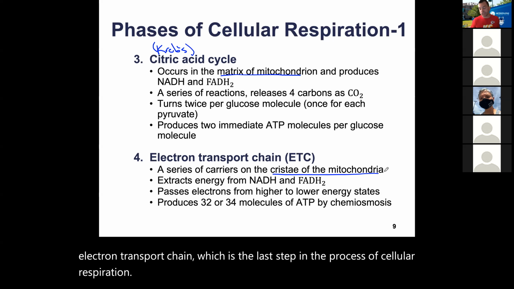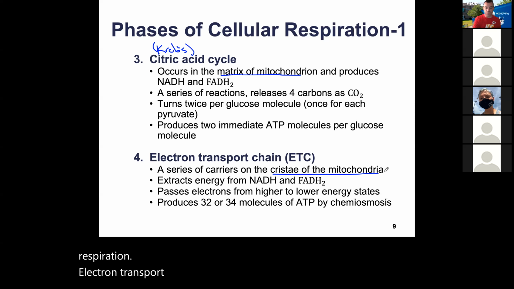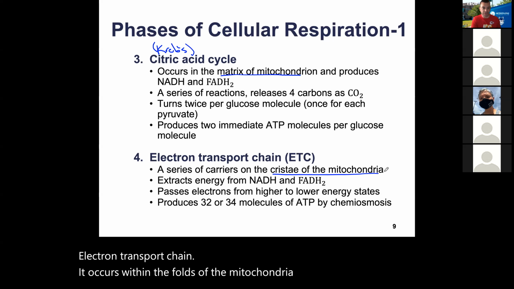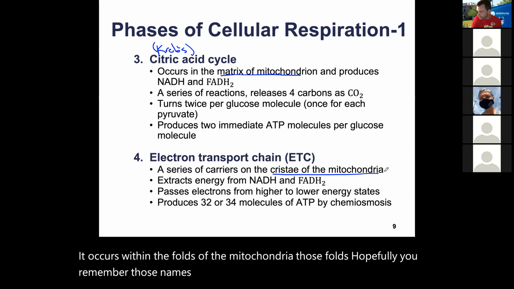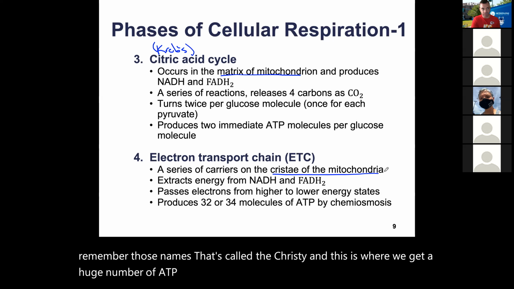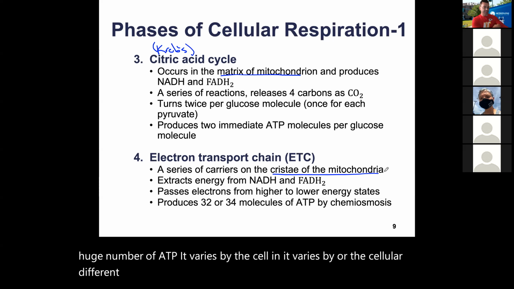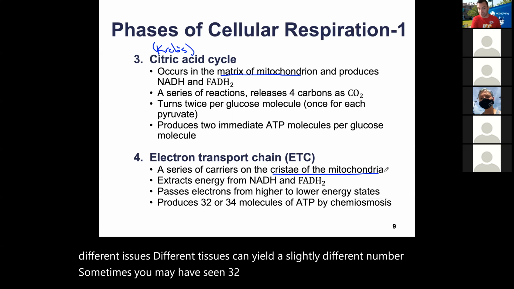The electron transport chain occurs within the folds of the mitochondria. Those folds, hopefully you remember those names. That's called the cristae. And this is where we get a huge number of ATP. It varies by the cell, and it varies by the different tissues. Different tissues can yield a slightly different number. Sometimes you may have seen 32 ATP, 34 ATP, 36 ATP.